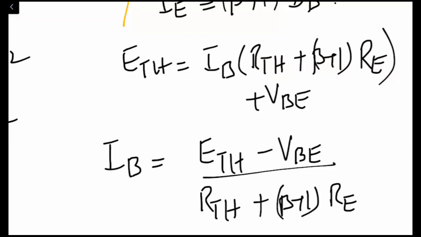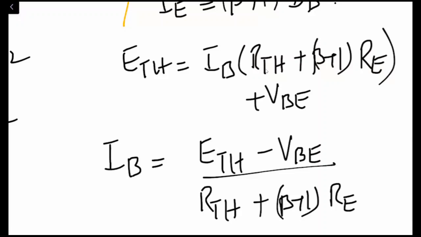Are you getting my point? Yes, sir. If beta changes, the collector current has a big variation with the variation of beta, which is the example I gave you in the assignment. But once we have something in the denominator of the base current in terms of beta, when the beta changes, there is something countering the numerator beta with the denominator beta, right?